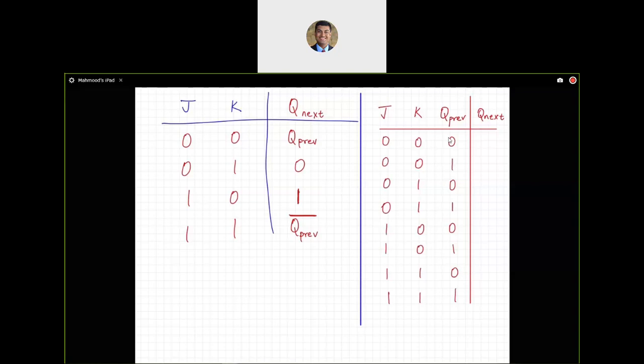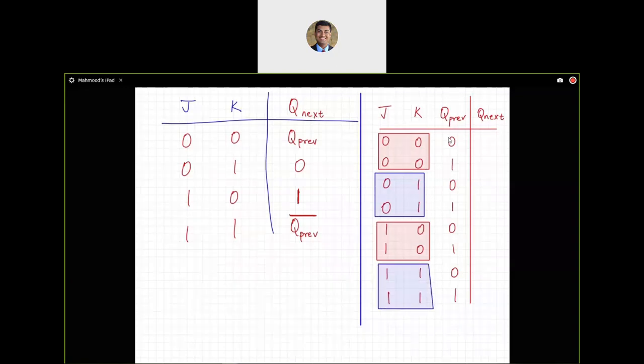Now, if I look at the Q next, for J and K being 0, 0 here, they are 0, 1 here, they are 1, 0 over here, and they are 1, 1 over there. For each of those, I am looking at both possibilities of Q previous.